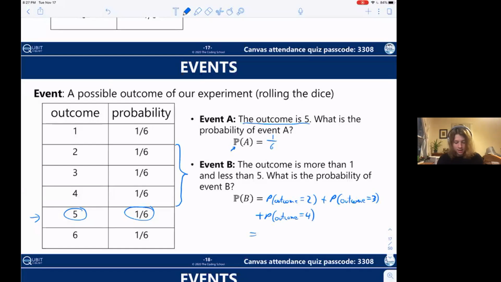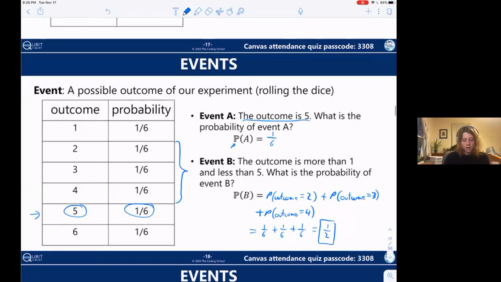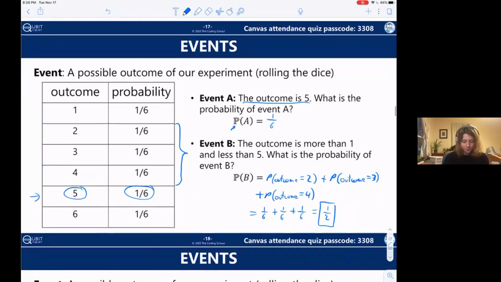And so that is 1/6 plus 1/6 plus 1/6, or 1/2. And that's how you work through the probability of one of many outcomes being the result.